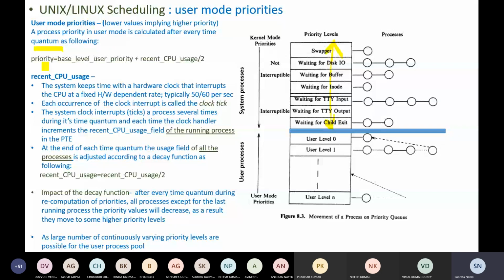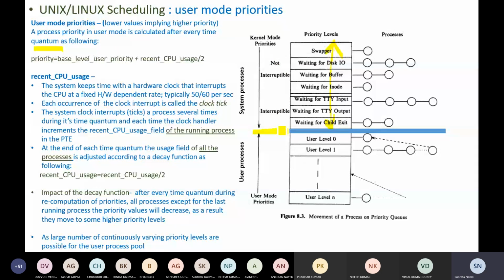So it is based on this formula. The priority value is the base level user priority plus the recent CPU usage divided by 2. I'll explain these two. What is the base level user priority? This may be 80, 60, 40 or 120, whatever. You can think of it as the largest value in the kernel priority mode plus 1.